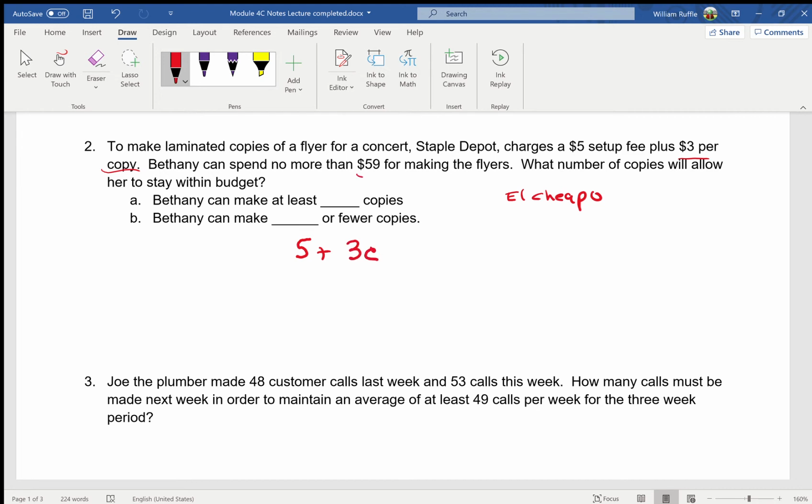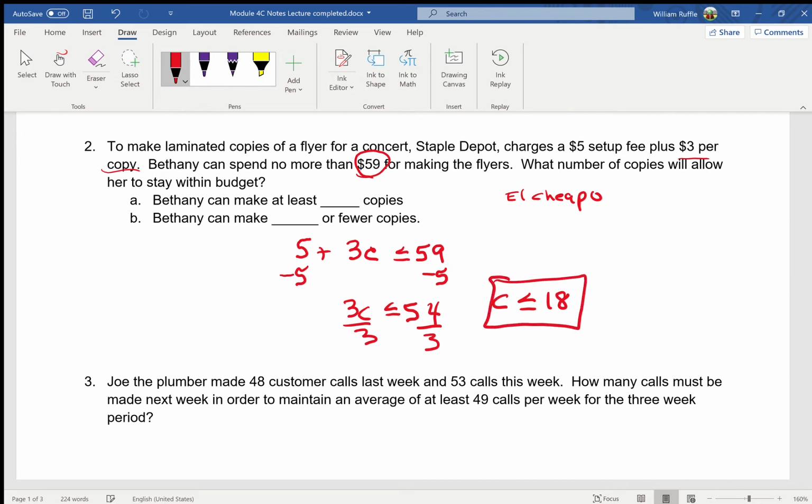And the most I can spend is $59, because I can spend no more than that. So I could spend $59, so it's really less than or equal to. If I solve my equation here, I get 3C is less than or equal to 54. If I divide each side by 3, I get C must be less than or equal to 18. So the most copies I can make is 18 copies.